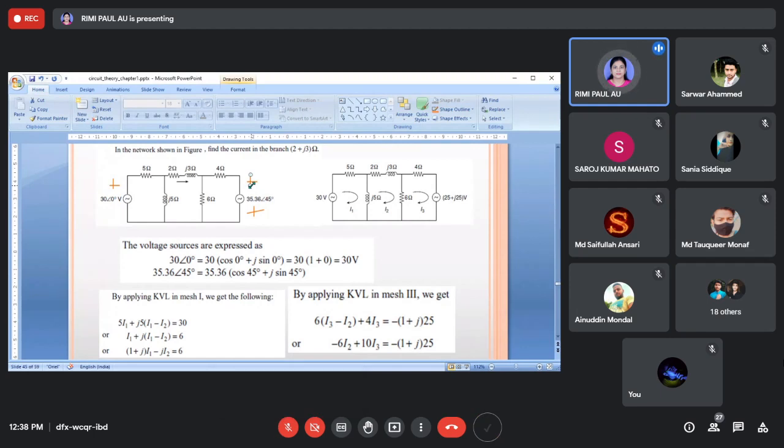And for the node and mesh equations, whatever mesh equation you have written in DC, you have to write in the same way in the case of AC.